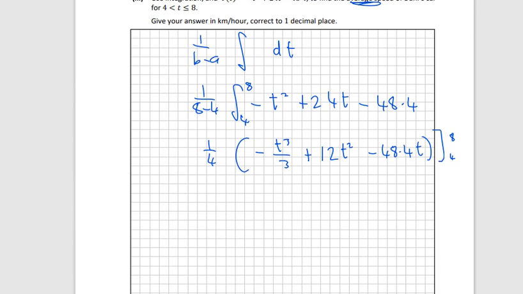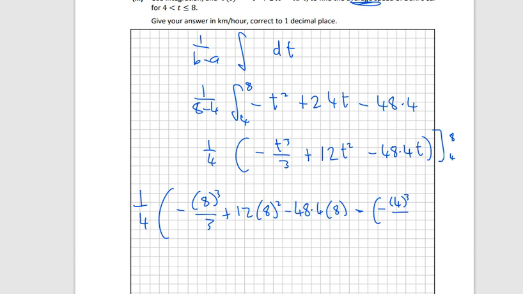So we're just going to sub in both of them. It'll be a quarter times minus 8 cubed over 3 plus 12 times 8 squared minus 48.4 times 8, minus the same thing with a 4: minus 4 cubed over 3 plus 12 times 4 squared minus 48.4 times 4.